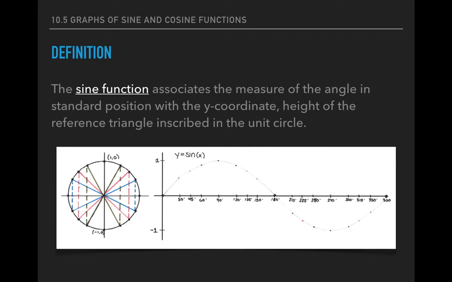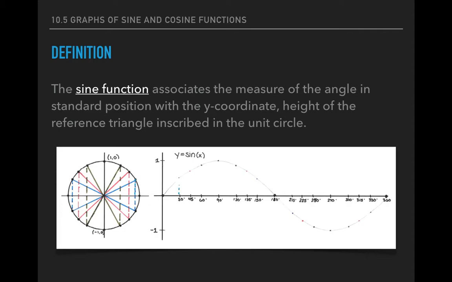And that is your sine function. The x values are the measure of the angle, and the height of your curve, like the one you see here, is determined by the height of the triangle in your unit circle.